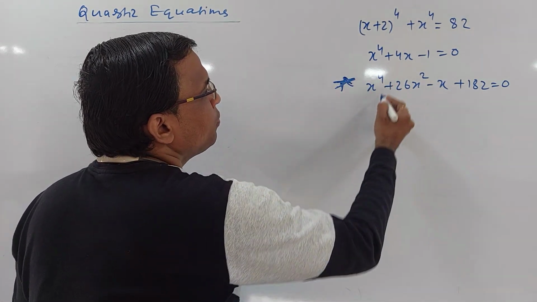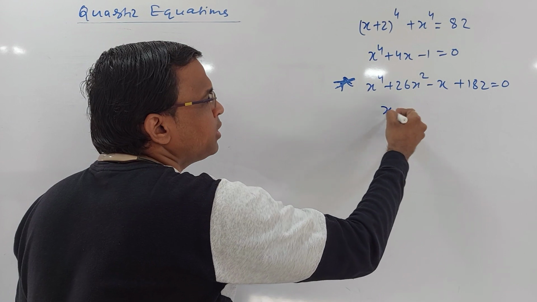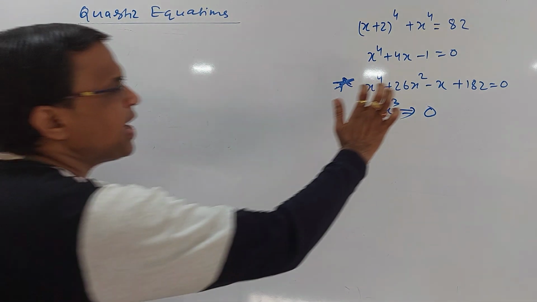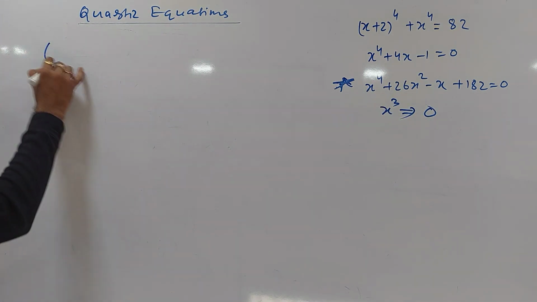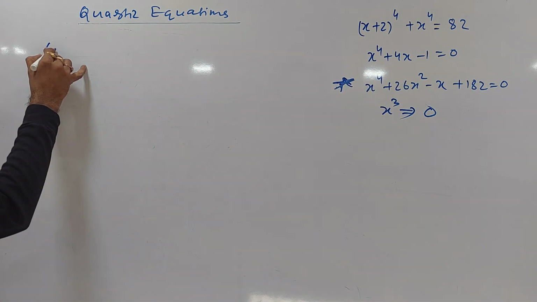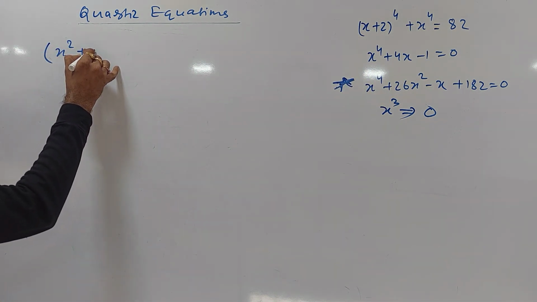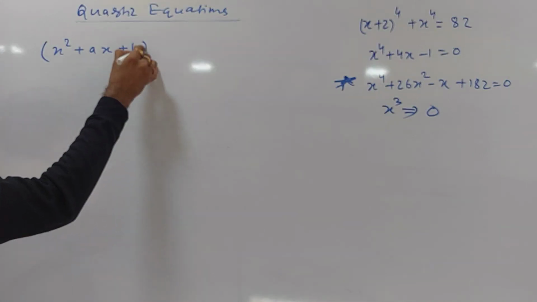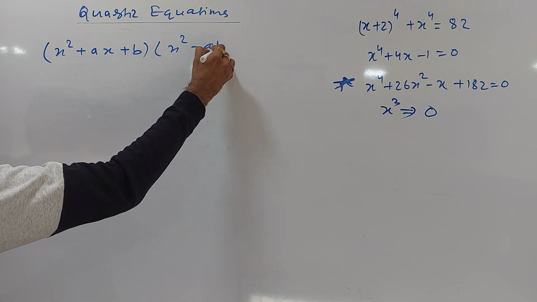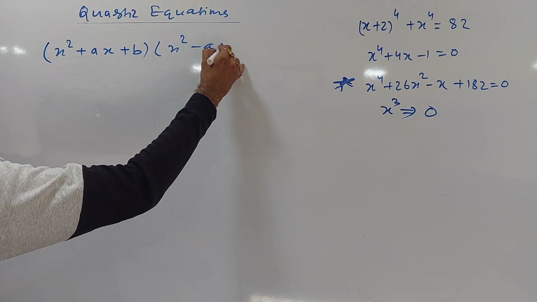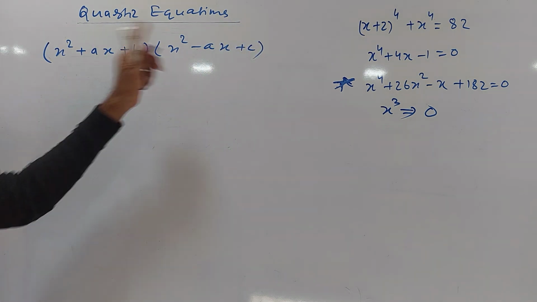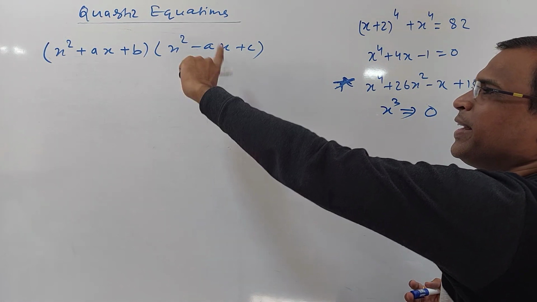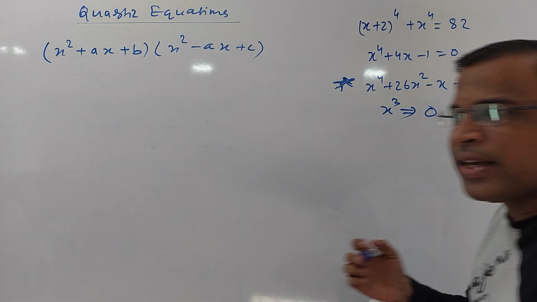When it's a quartic equation and there is no x cube term, then you can directly equate it with, see, the coefficient of x power 4 is 1, so it is x square plus ax plus, say, b, and x square minus ax plus c. See why I am saying plus ax minus ax? Because there is no x cube term here, and when you solve this, you will get no x cube term. That's why I am taking varieties of questions.